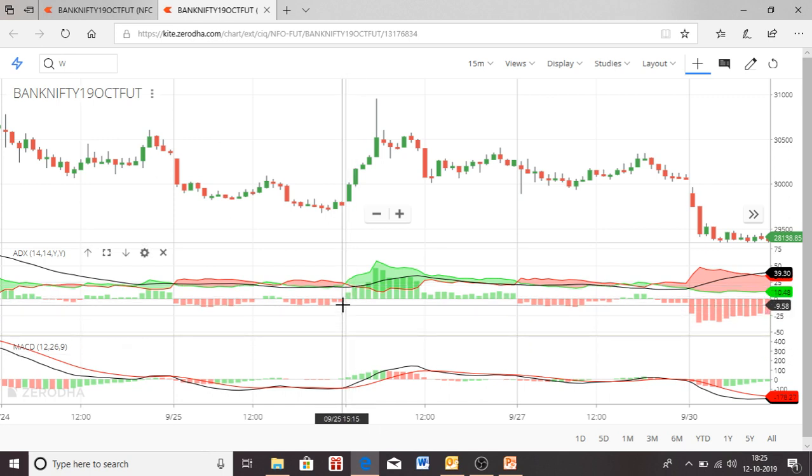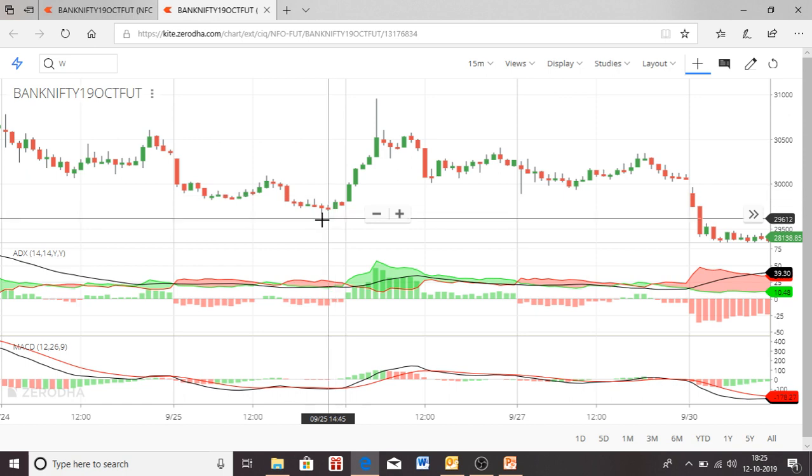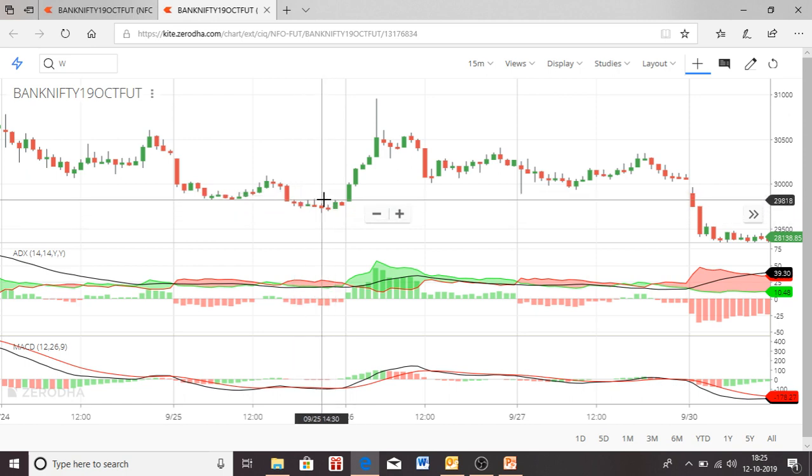You have to find out the price action, observation of price action. If candles are shrinking, that's when you have to take your position. But after you see that candles are shrinking, you have to observe your ADX.